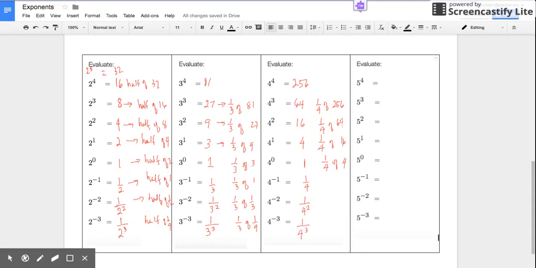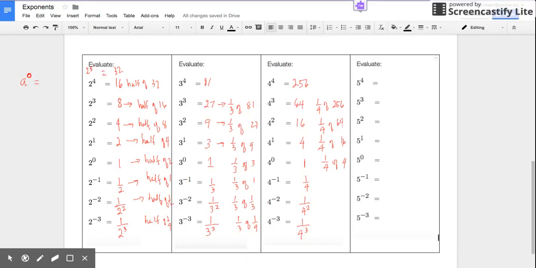So we notice that if A is the base and we raise it to the 0, what do we get when we raise something to the 0? So we have here 2 to the 0 is 1, 3 to the 0 is 1, 4 to the 0 is 1. What do we think about 5 to the 0? I think it's also going to be 1.